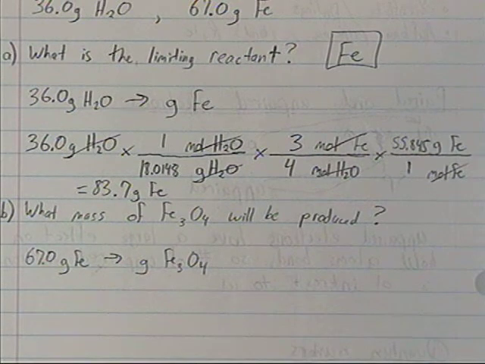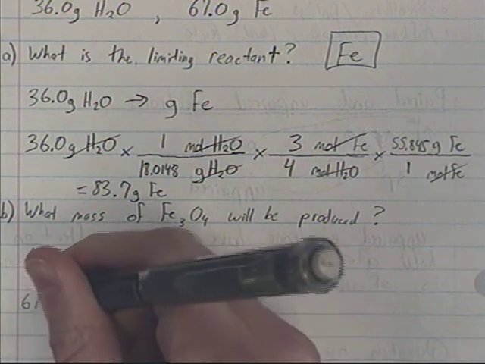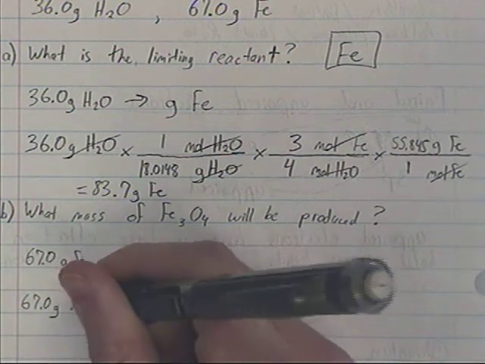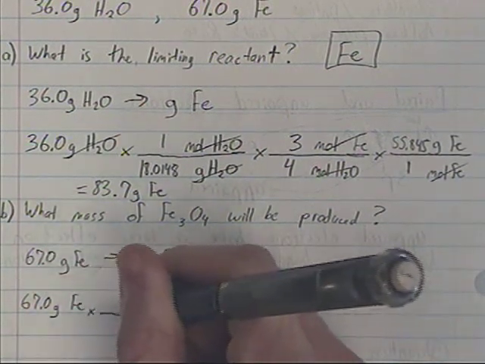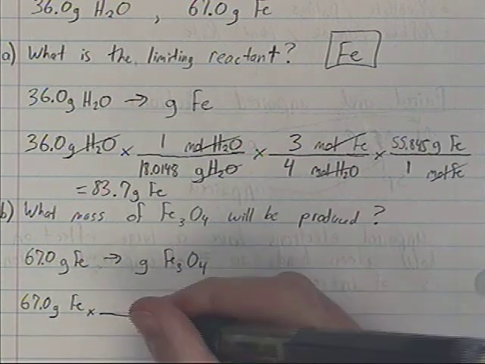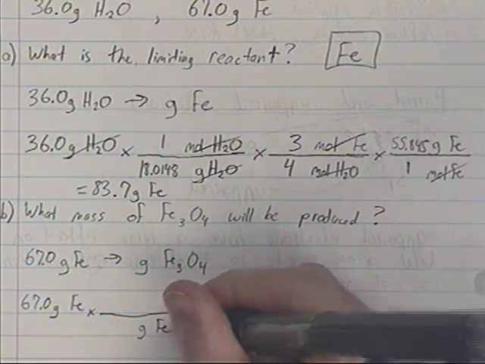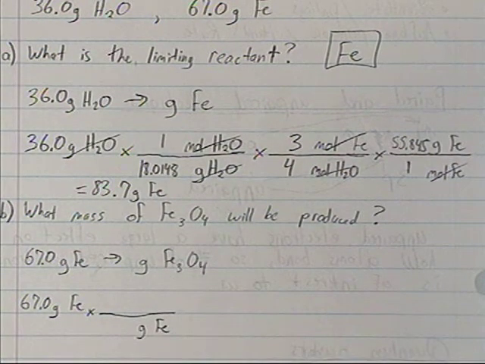Just like in the last step, we can't go directly there. We have to start by going to moles of iron, then moles of iron oxide, and then grams of iron oxide. So we'll start out with what we know, 67.0 grams of iron. I want to get rid of grams of iron, so I'll put that in the bottom, so it'll cancel with the grams of iron up top.